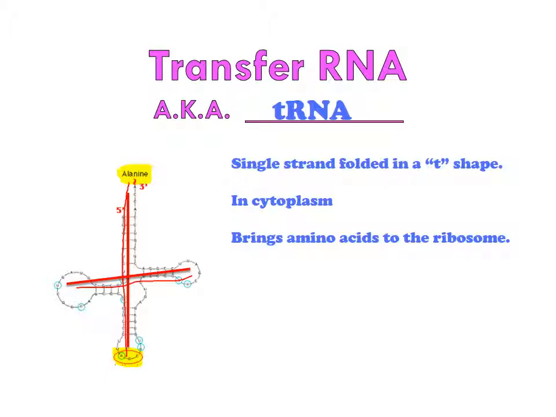Okay, so if you look in the highlighted region here at the top of this tRNA, you see alanine. Alanine is one of many types of amino acids. This tRNA molecule just happens to be carrying the amino acid alanine. At the bottom in the highlighted region, there are 3 bases down there. You might not be able to see them too well.